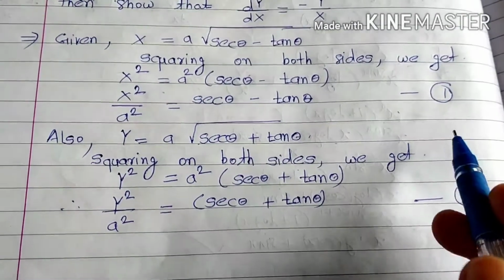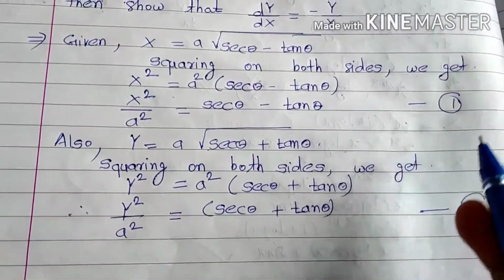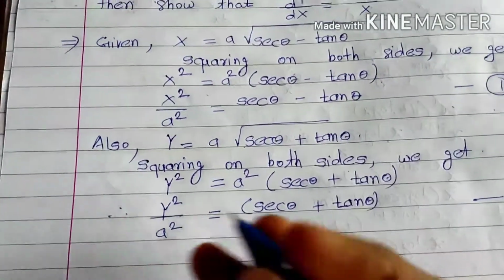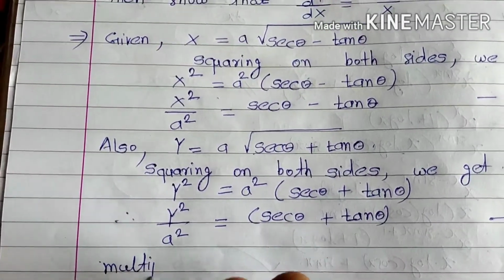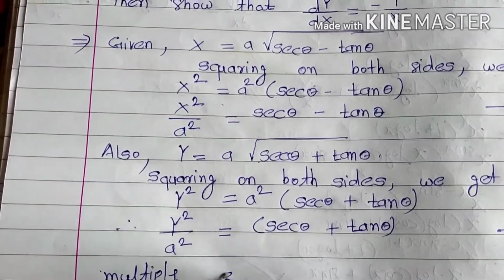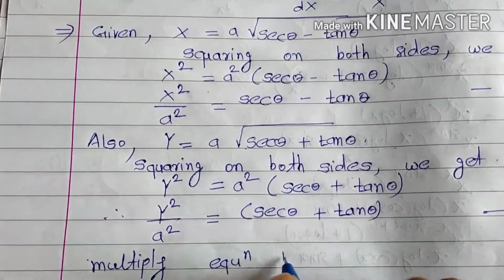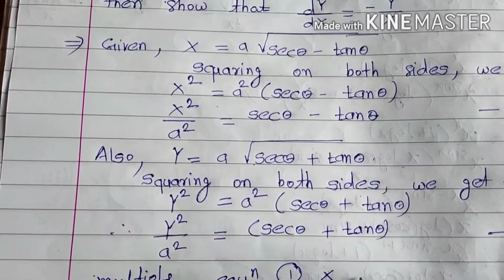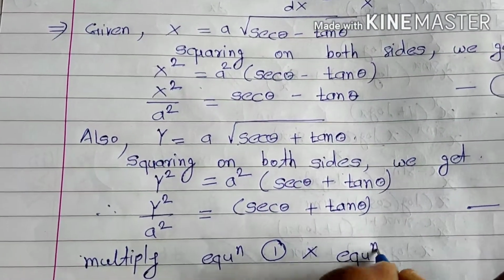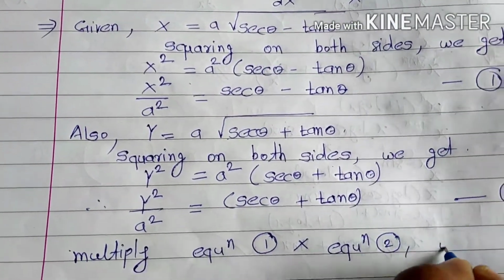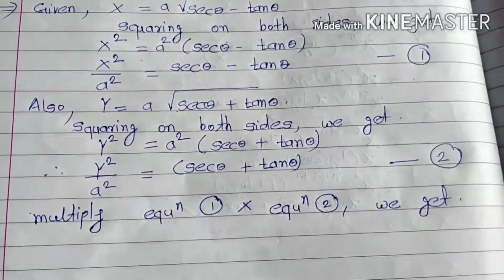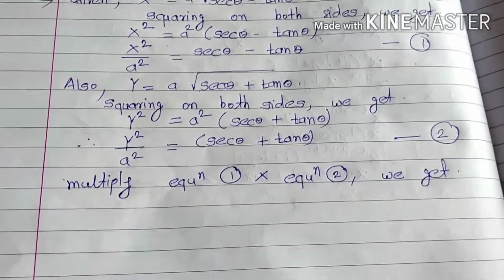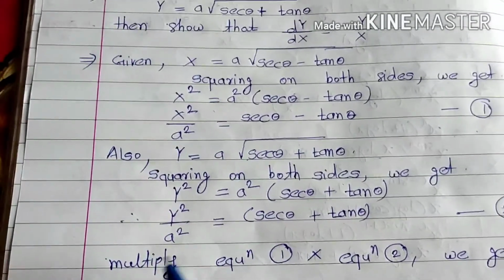Then take the multiplication of equation first with equation 2. Multiply equation first into equation 2. As we take subtraction, as we take addition, like that we take multiplication also.